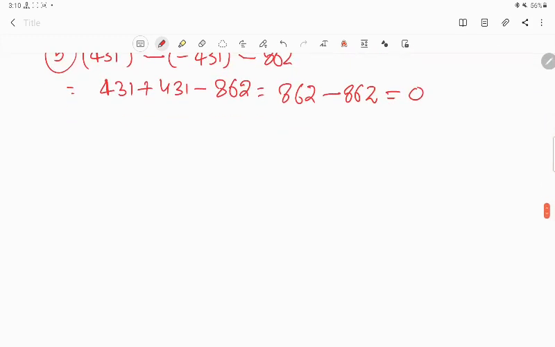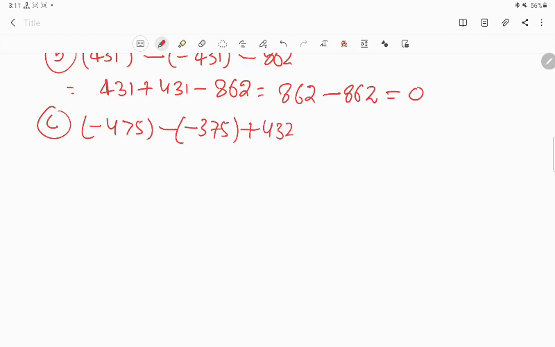And next question is C. Question number C, that is minus 475 minus in common bracket minus 375 plus 432 minus 500. Now simplify this: minus 475 plus 375 plus 432 minus 500.